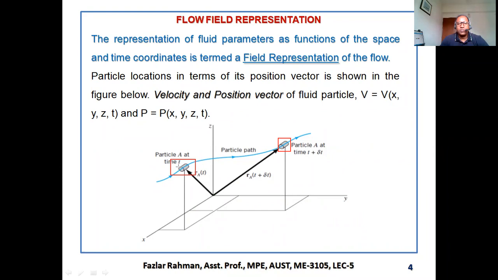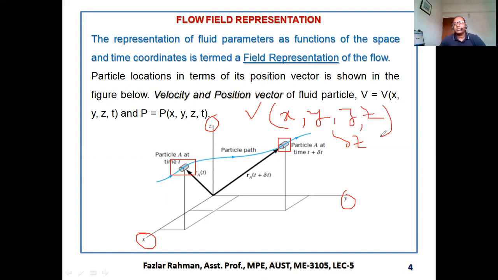So traveling from one point to another point, how much time does it take? It takes delta t, right? And you see, it is not traveling in a horizontal plane. That means its position along 3 axes might change. So the velocity v of the fluid particle is a function of x, y, z, and t. That means velocity is a function of space and time.